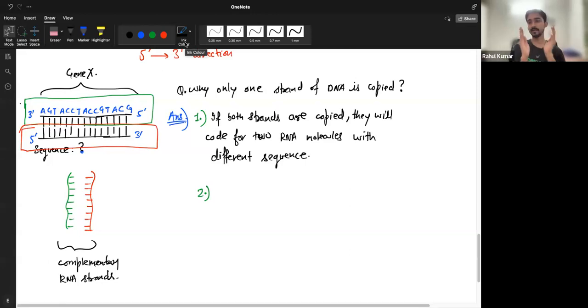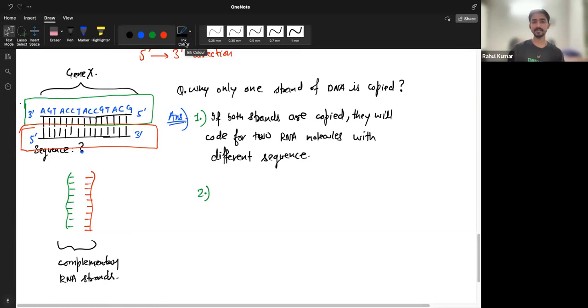And that's a problem. If it becomes a double-stranded RNA, then it can't be read by the ribosomes. And this whole mechanism in which a lot of energy is used to copy the information will be a waste of energy. So at the end, you will fail to make any protein.